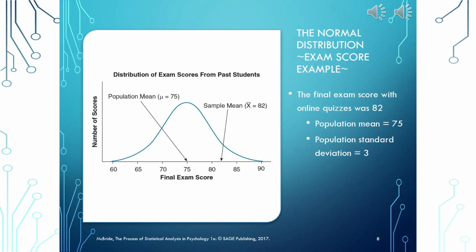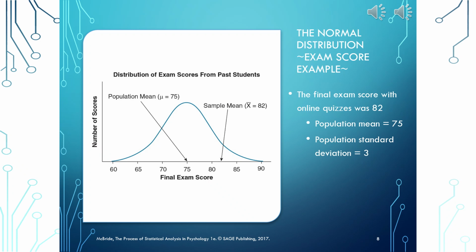So let's walk through an example of this from the book. We have a normal distribution of final exam scores from previous classes. We see that the population mean is 75, so that's the final exam score average for all of these previous students.